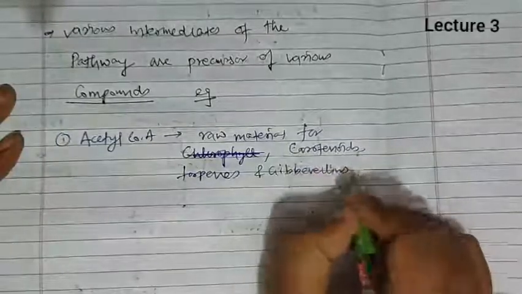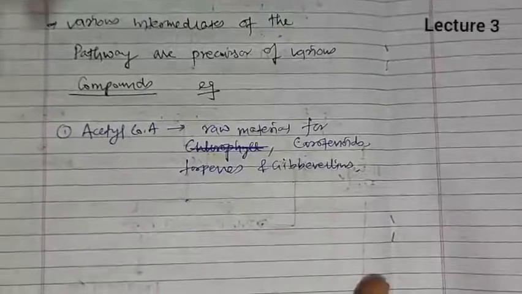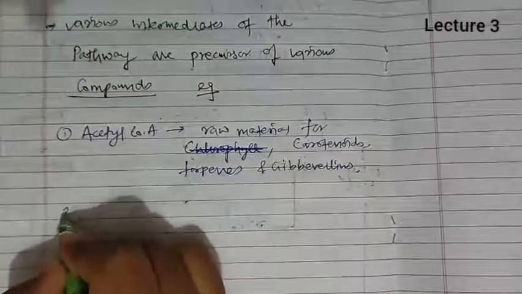These chemicals can be synthesized from acetyl coenzyme A and it is also formed by the breakdown, so it is a part of anabolism and catabolism.